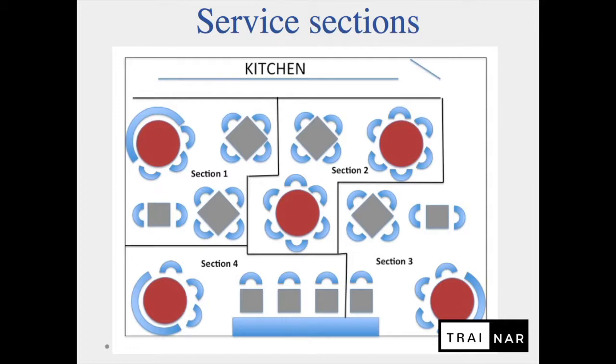So if you have an equal distribution of your larger and smaller tables, you'll be able to plan the service sections later on in the operation so that your servers can be effective and really take proper care of your guests.